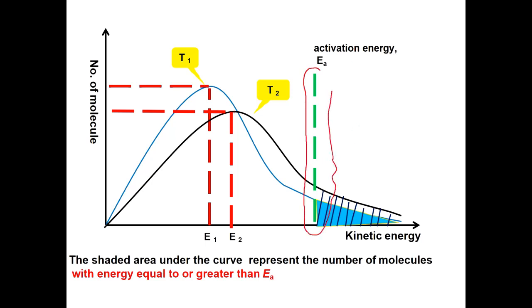The shaded area under the curve represents the number of molecules with energy equal to or greater than the EA.